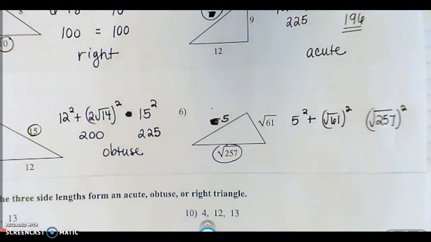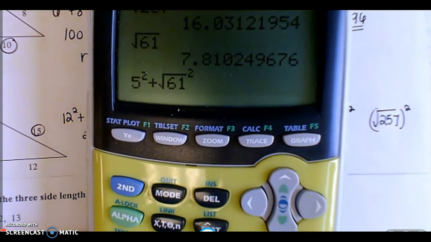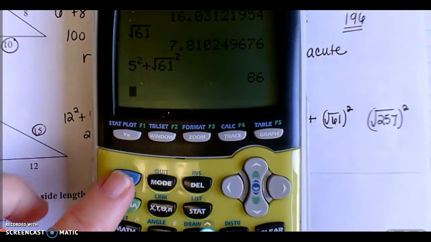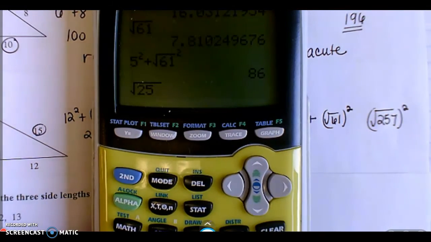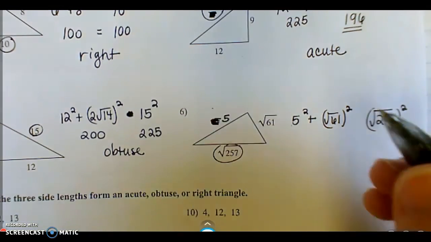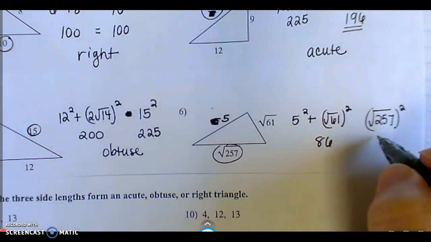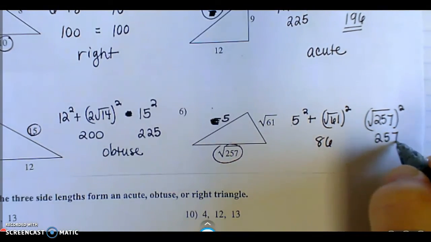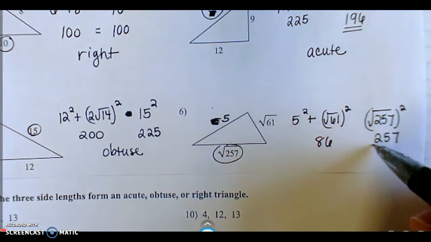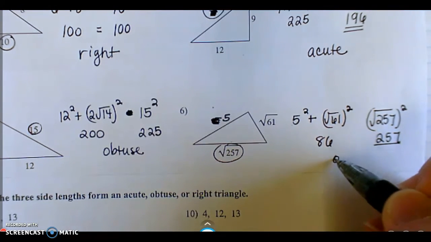Alright, so in your calculator, have that, 5 squared plus square root 61 squared. And then square root 257 squared. So this is 86, and this is 257. Again, this is bigger, so that means that this is obtuse.